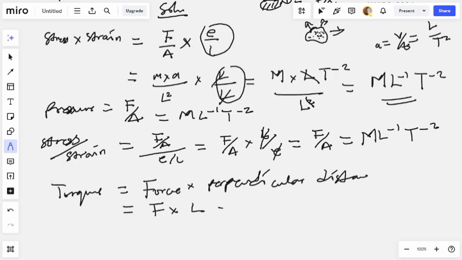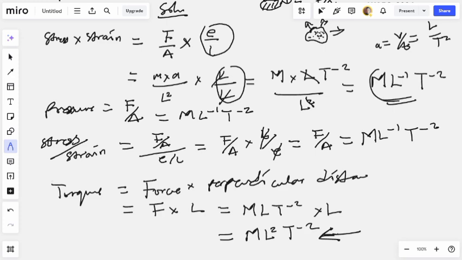So force, which is mass times acceleration, and acceleration is length times T to the minus 2, then times this perpendicular length here, which is L, will be equal to M L squared T minus 2. You see that this one here is different from this one here. So torque is the one that doesn't have the same dimension as that.